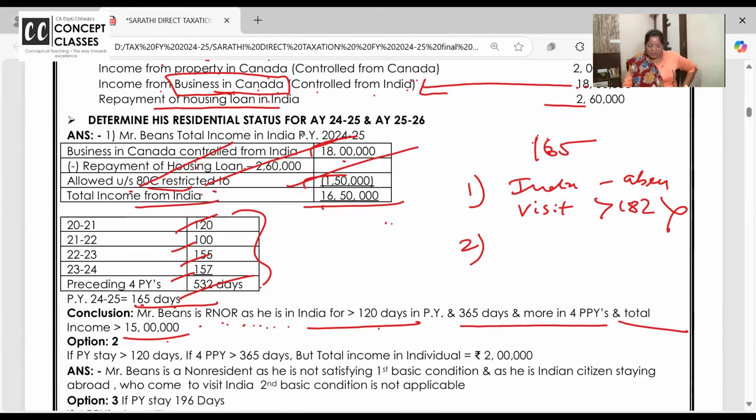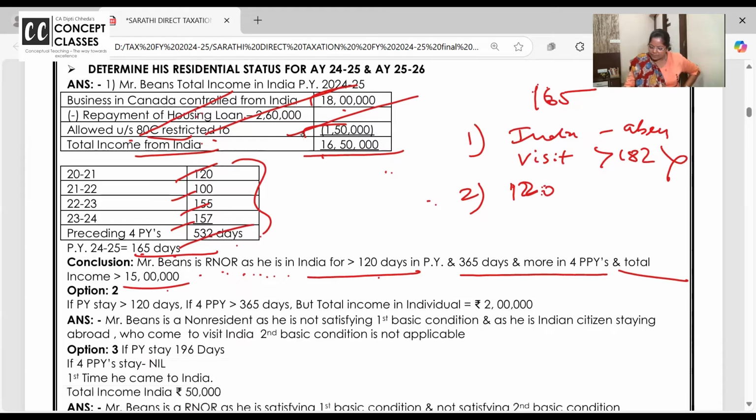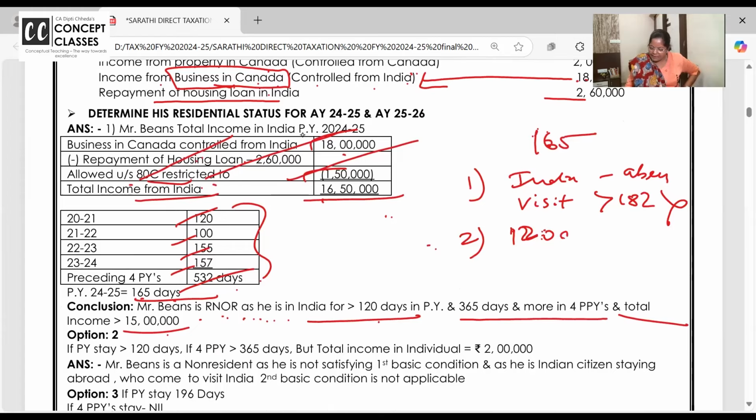Second, are you there for 120 days or more? I want all of you to write this second part, but write later, first listen. 120 days and more, are you there? Yes.